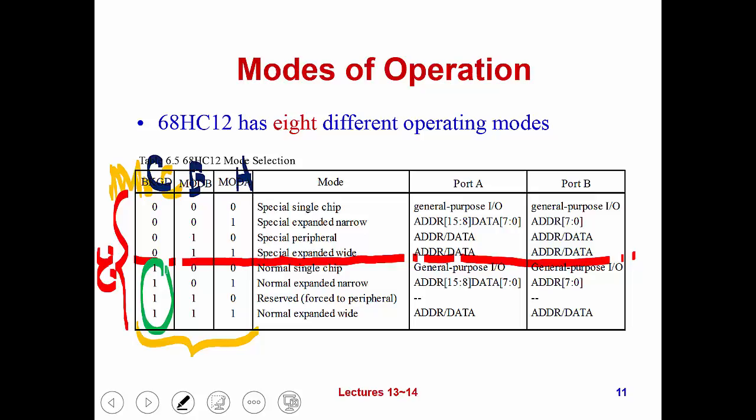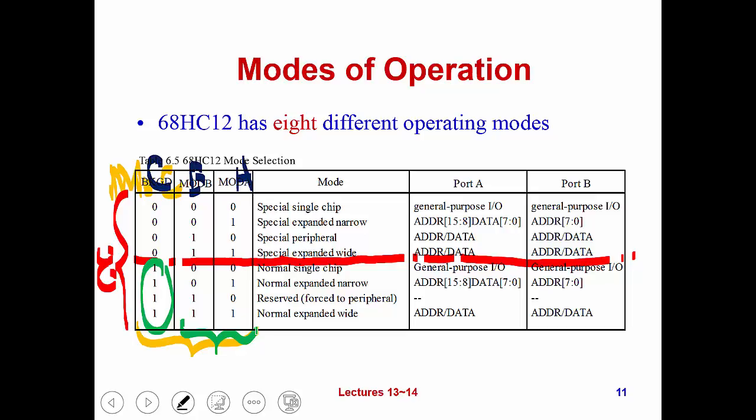We will not talk much about special mode. Which special mode we have is determined by the external pins mode A and mode B. We have special single chip mode, special expanded narrow mode, special peripheral mode, special expanded wide mode, like this.